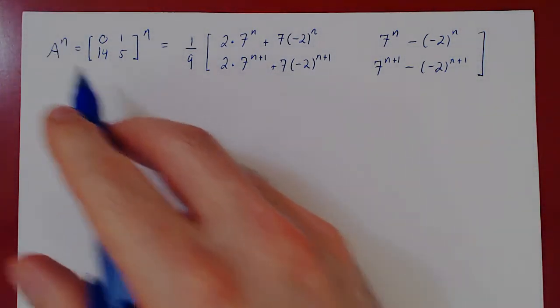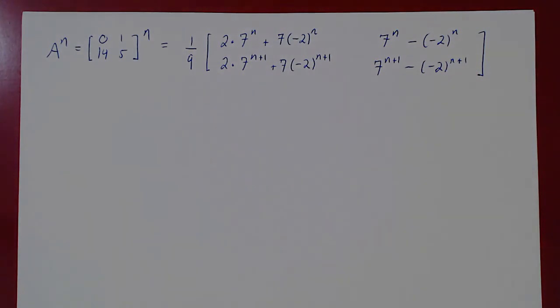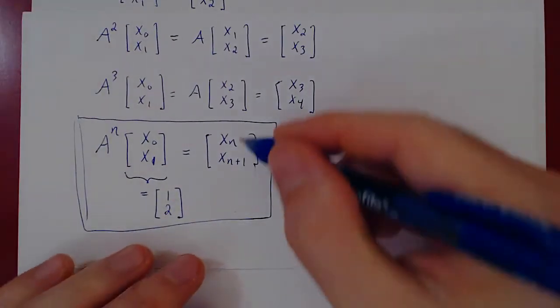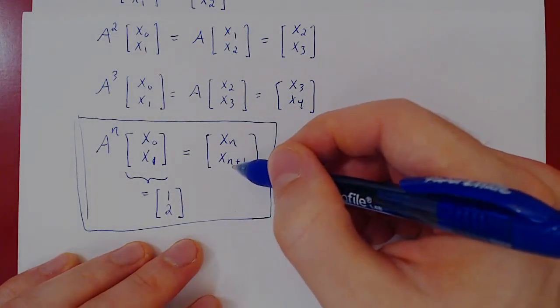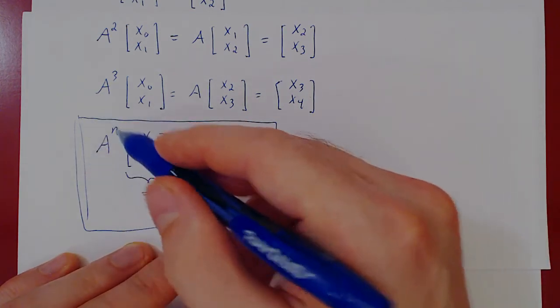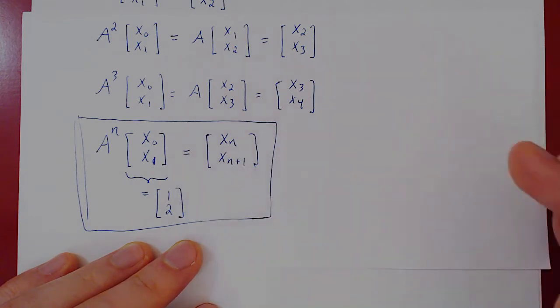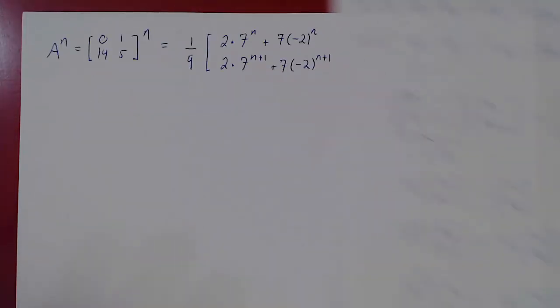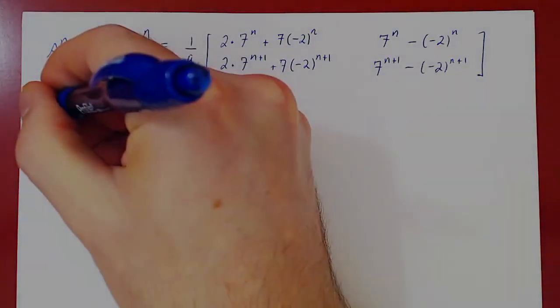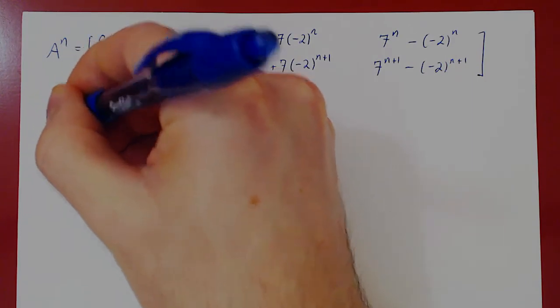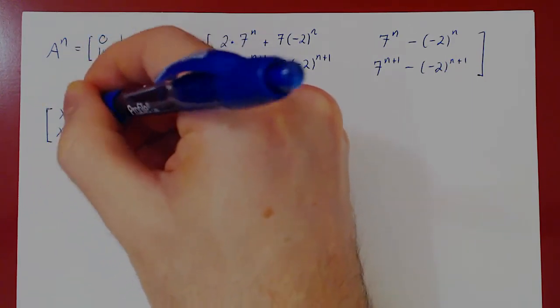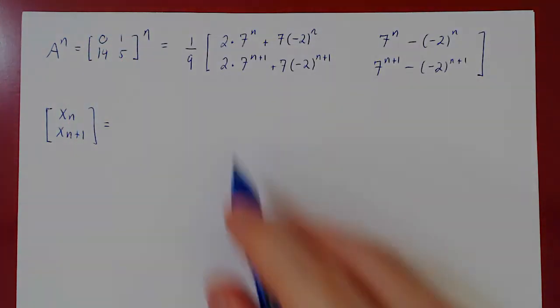So now we have a formula for A to the n, so we can now get the formula for xn. If you remember the previous equality that we had derived, the vector xn, xn plus 1 is simply the matrix A to the n times the vector of initial values 1, 2. So let's rewrite that on the second page. The vector xn, xn plus 1 is just A to the n.